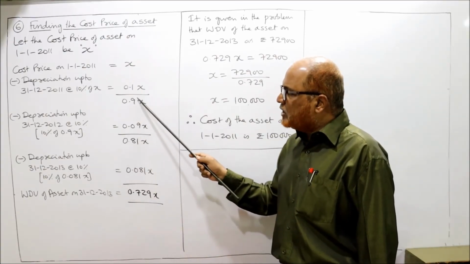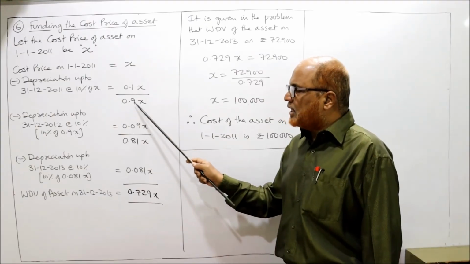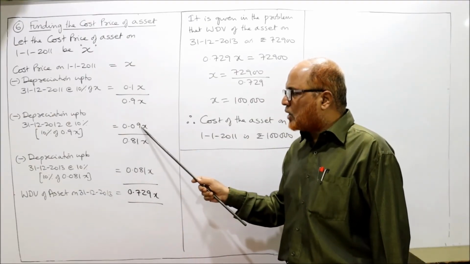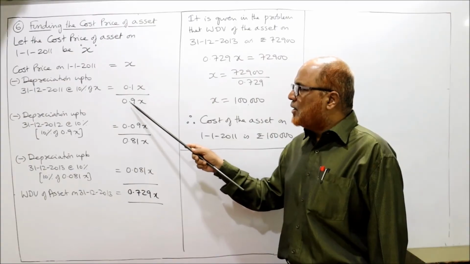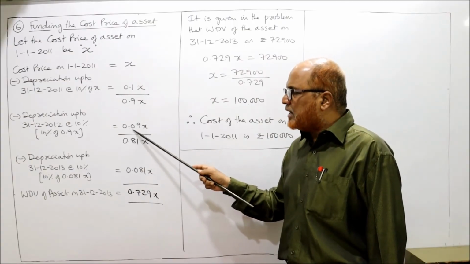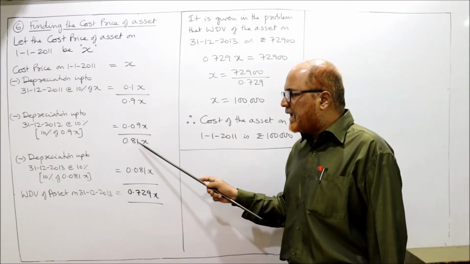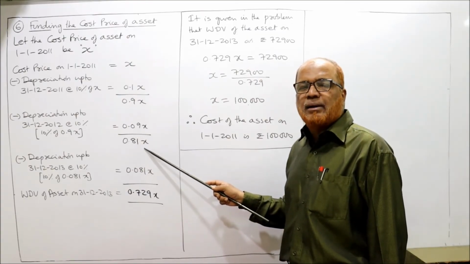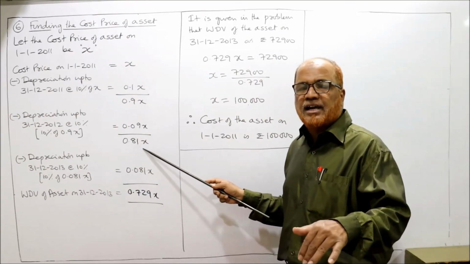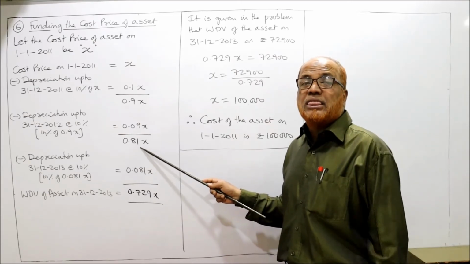Now we deduct: 0.9 minus 0.09 is 0.81X. This is the WDV at the end of the second year, or the beginning of the third year.